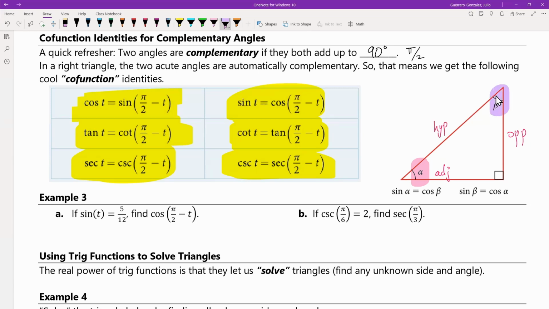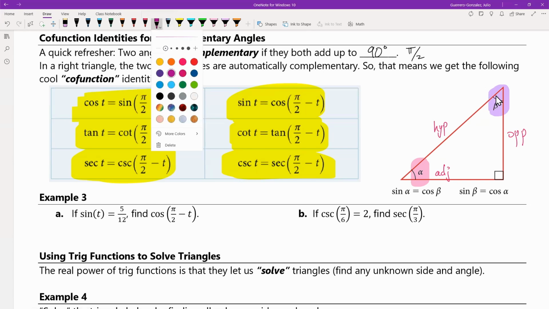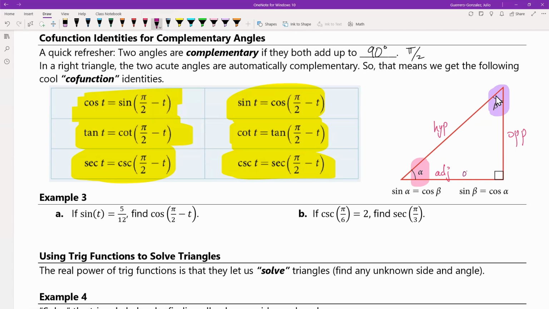For my angle beta, notice I'm changing the color here, this is my opposite, this is my adjacent, and this is my hypotenuse. Thankfully, the hypotenuse is the same for both. Now take a look at this: the sine of alpha is equivalent to the cosine of beta.